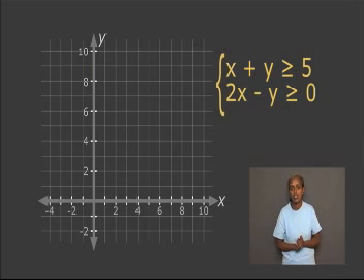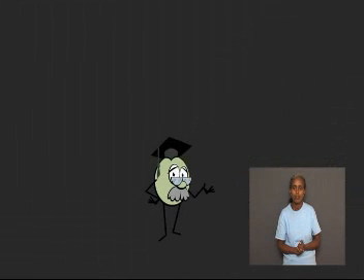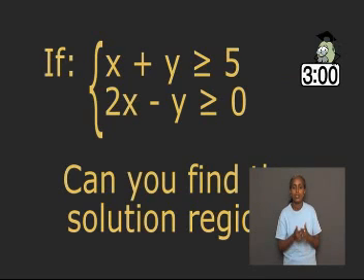If x plus y is equal to or greater than 5, and 2 times x minus y is equal to or greater than 0, can you find the solution region? Try to do this now, please. Students, let's get ready. Begin.